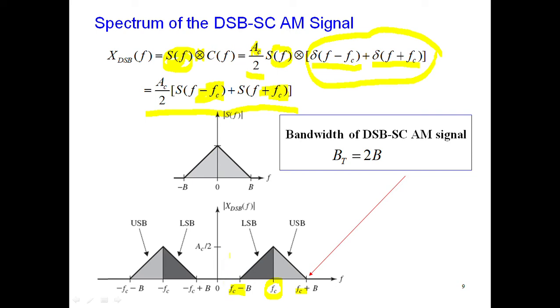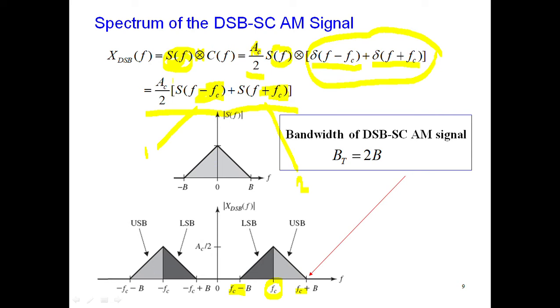Now you see that it is called double sideband because it has two sides. One is represented by this side, upper sideband and lower sideband, and the other one is also upper sideband and lower sideband.